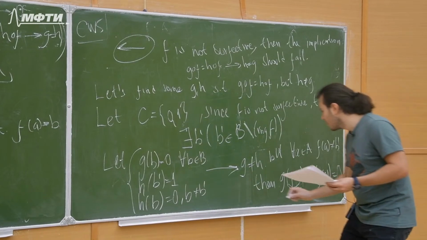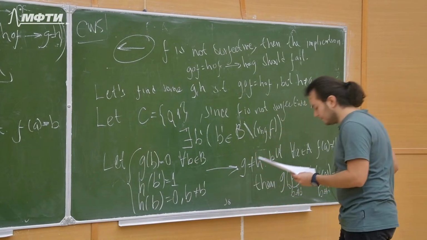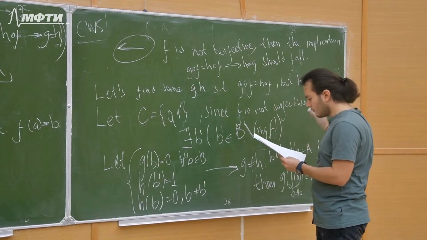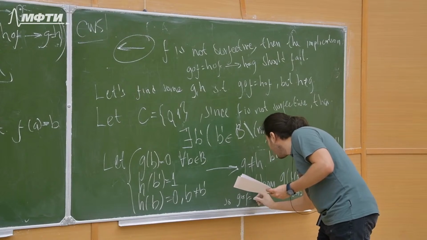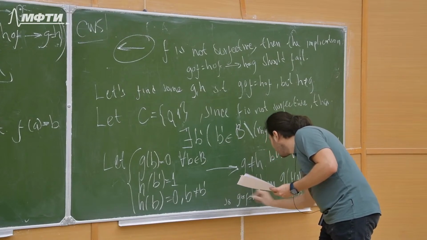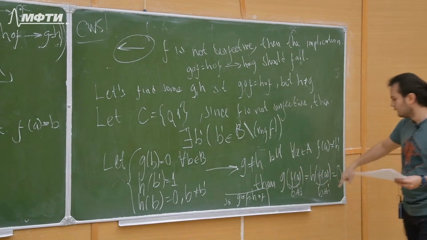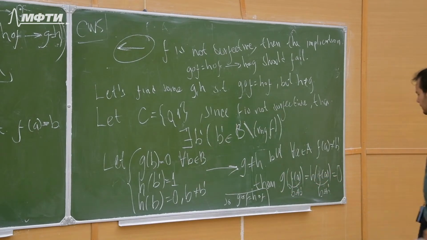So we have that g composition f is equal to h composition f. That's it. We proved it.